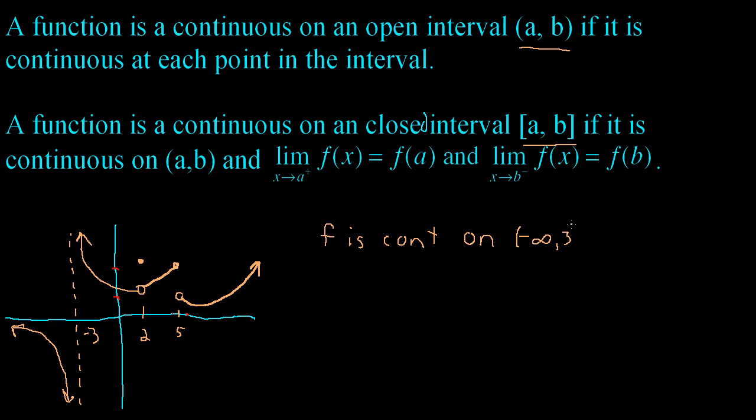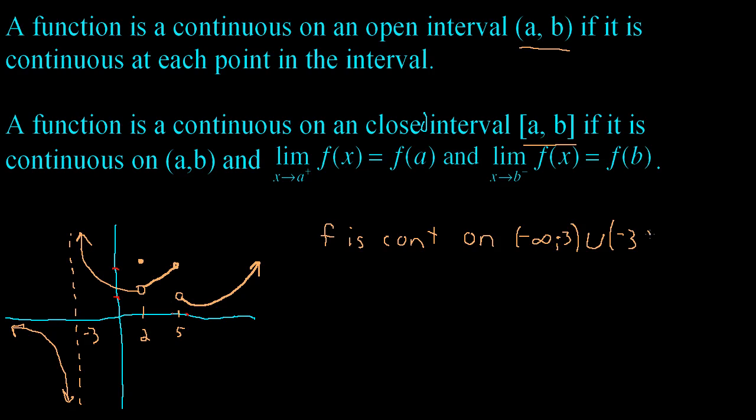Therefore, the limit of f as x approaches -3 from the left-hand side cannot possibly equal f of -3. Union with what? Well, we jump to the other side of -3, and then we continue until we hit our next place where we pick our pencil up, and that happens to be right here at 2.